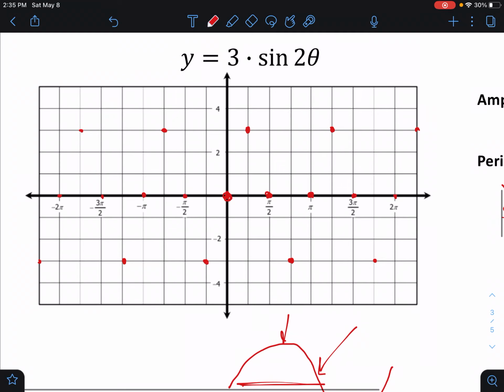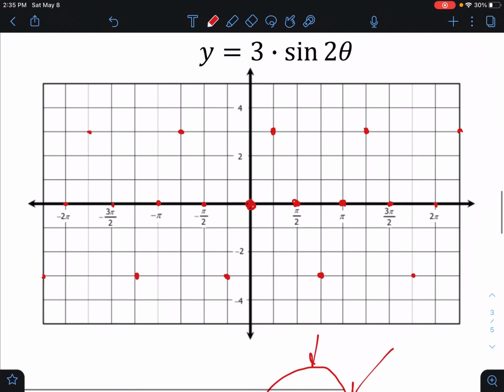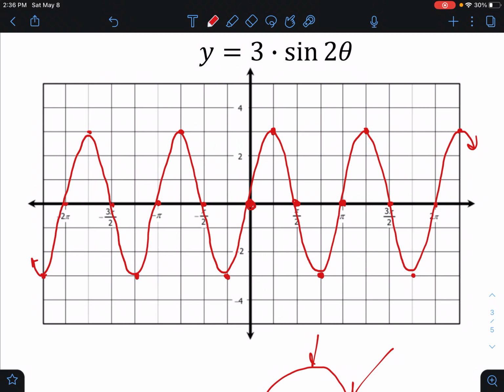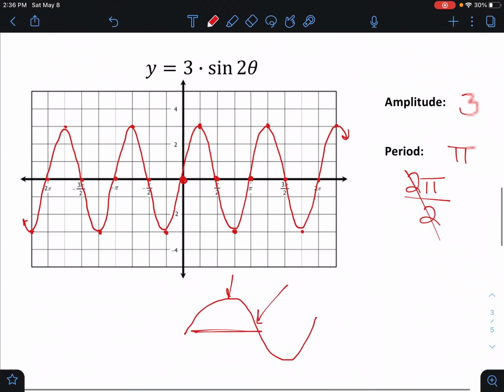All right. Okay, so now put arrowheads on the end, and there is 3 times sine of 2 theta.